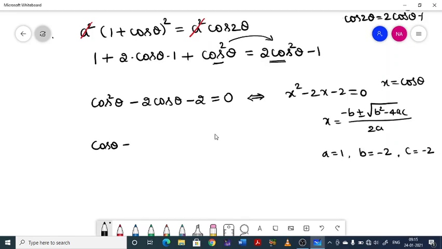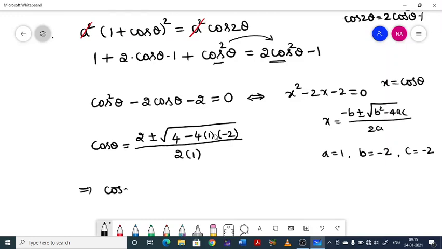So using that formula here, 2 plus or minus square root of 4 minus 4 into a is 1, c is minus 2, divided by 2 into 1. So that implies cos theta equal to, if you want you can write x equal to cos theta, or else you can leave it. So cos theta equal to 2 plus or minus square root of 4 plus 8, so it will be 12, divided by 2.